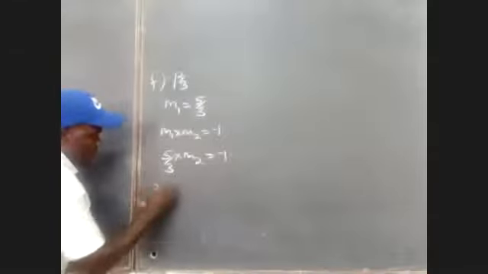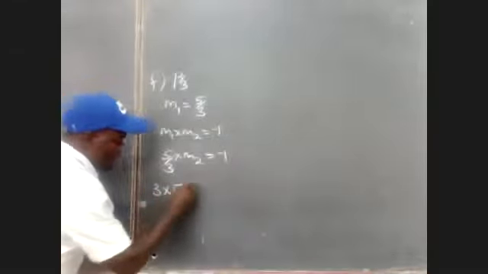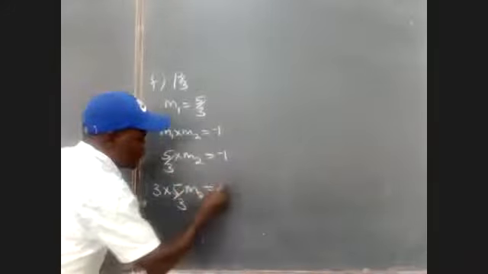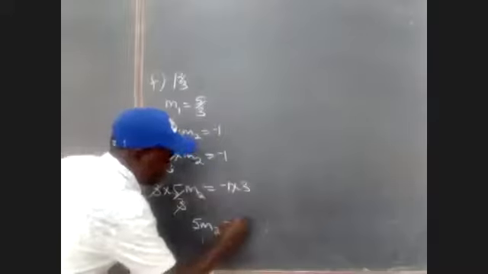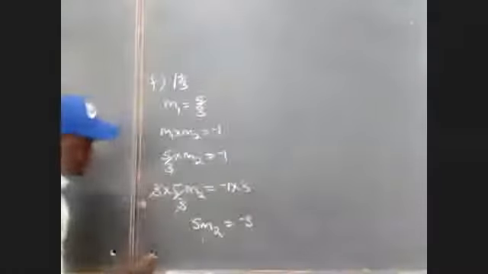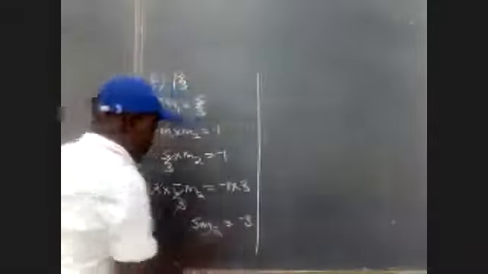So 3 times 5 out of 3, M2 is equal to negative 1 times 3. Then we get 5M2 is equal to negative 3. Then we divide by 5 on both sides.